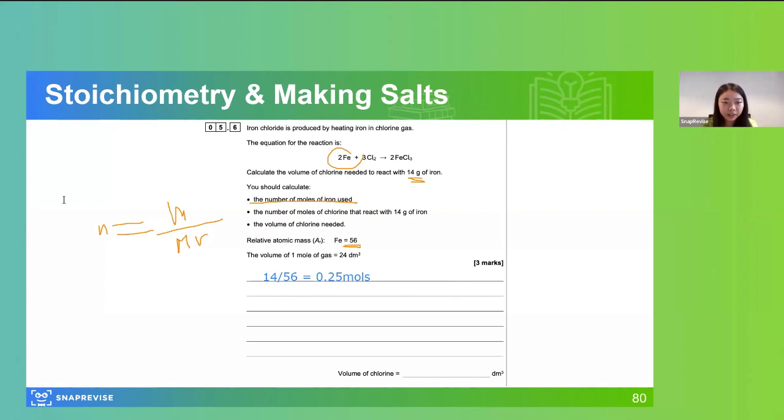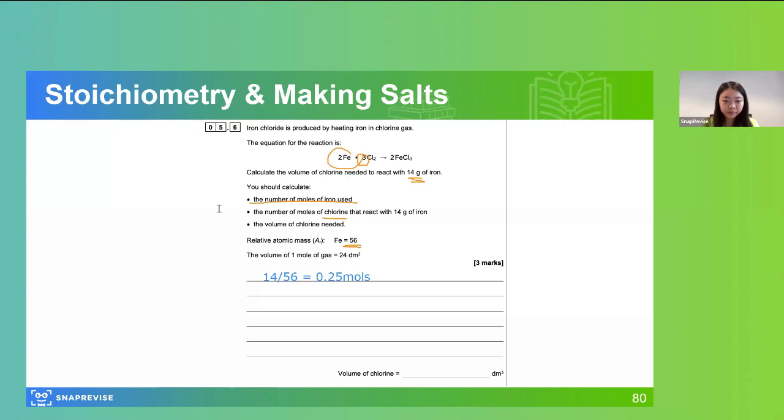Second step is asking you to figure out the number of moles of chlorine that react with the 14 grams of iron. Because we need to figure out the moles of chlorine, we need to look at the numbers in front here, the 3 and the 2. The mole to mole ratio here is 2 to 3.